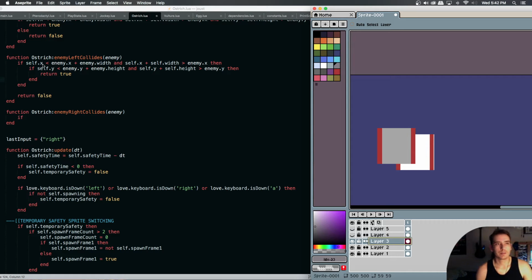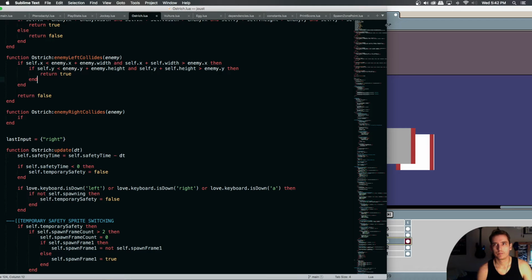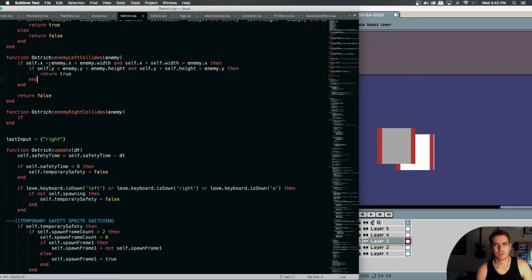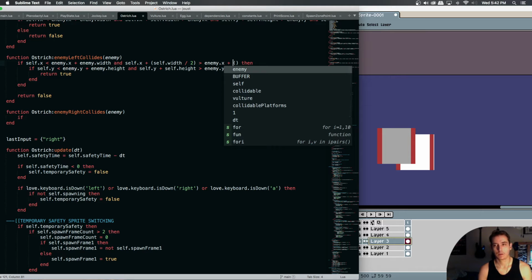So we're seeing if the leftmost side of our ostrich is smaller than the rightmost side of our enemy. And the rightmost side of our ostrich, which is going to be half, is greater than not the x, but the x plus half the width. Is that right?